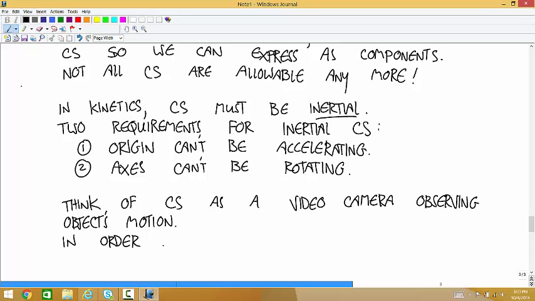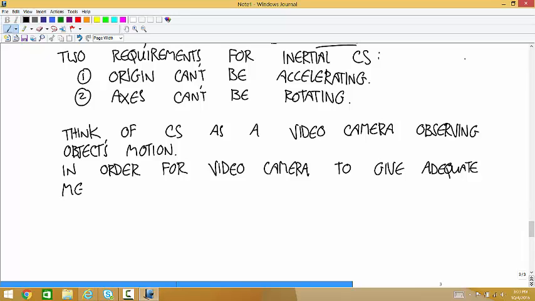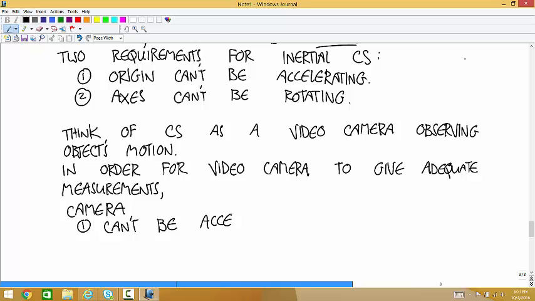In order for this video camera to give adequate measurements, the camera can't be accelerating. And it can't be rotating.